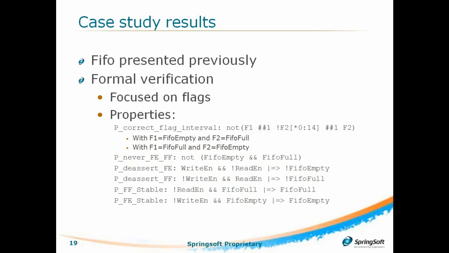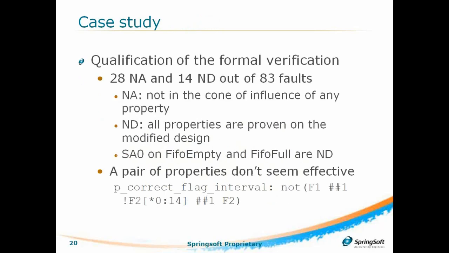It's not the complete property, for those who are knowledgeable in SVA. I've removed some aspects but kept the central part of the property. So I've used those properties on my FIFO, and these are the results that I got after qualification of the verification environment.